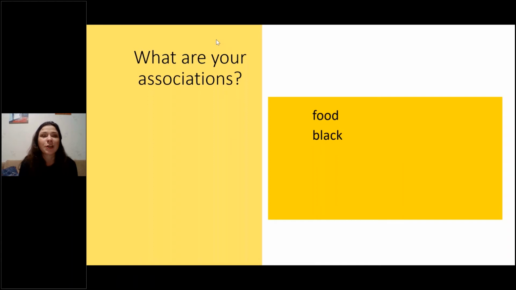Black. Oh, borscht. Black. Color, night. Dress. Super. Leather. Night again. Square.